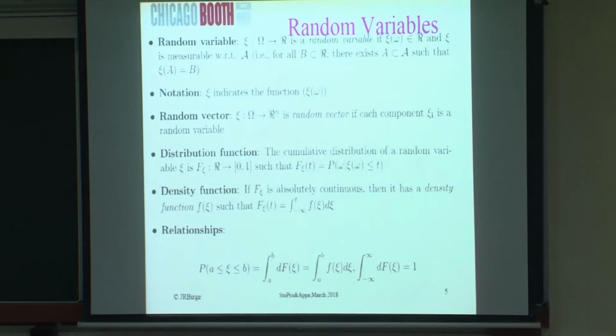So the random variable is going to take on, let's say, real numbers. But even while it's taking values in real numbers, what we're looking at in terms of probability is going back to the omega. It's always back to the omega where we find out what the probabilities are.